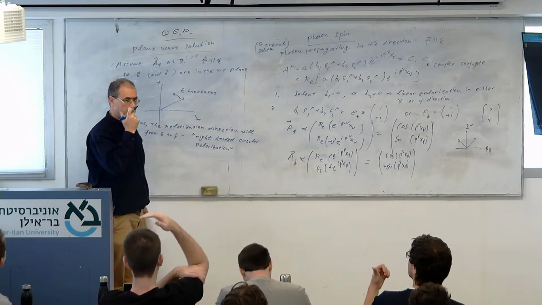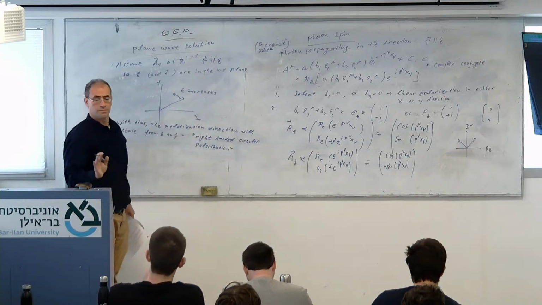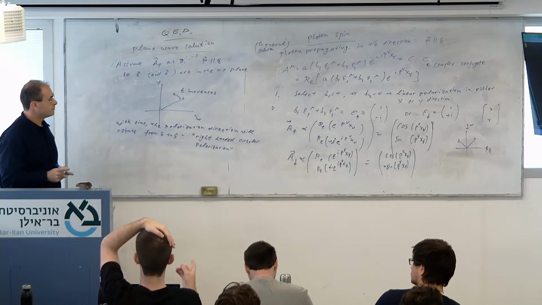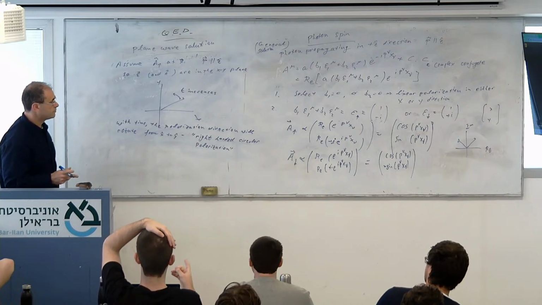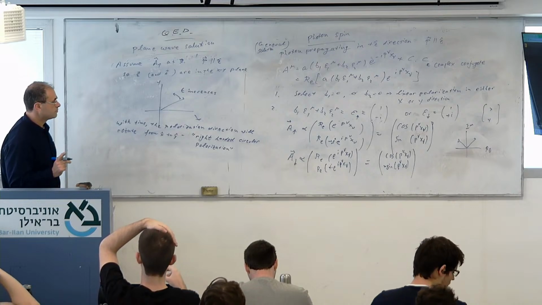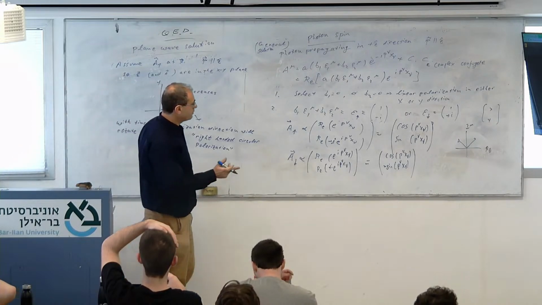If you move in the inner products here, don't we have a minus, like in three dimensions? No, I don't think so. I think I got it right. Cosine and sine.